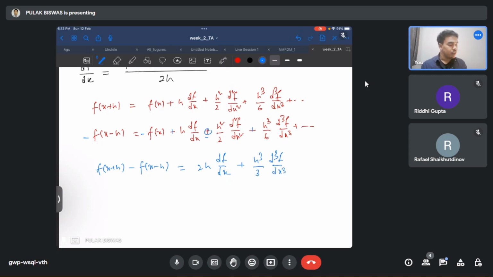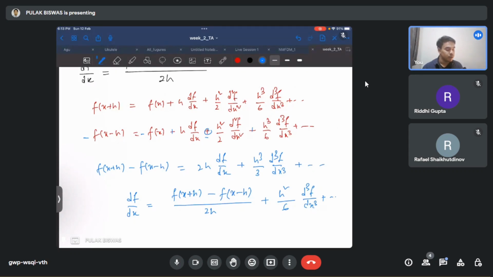If we truncate up to this only, this term still remains. Now if we express the derivative term like this, it comes like this. Maybe if we keep other terms, those might also occur.